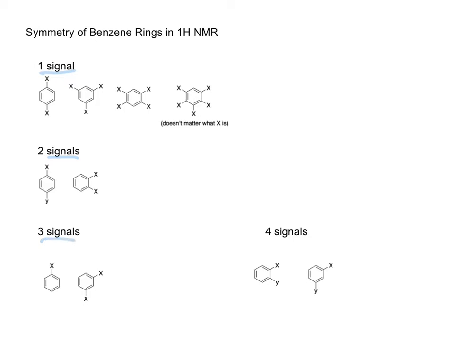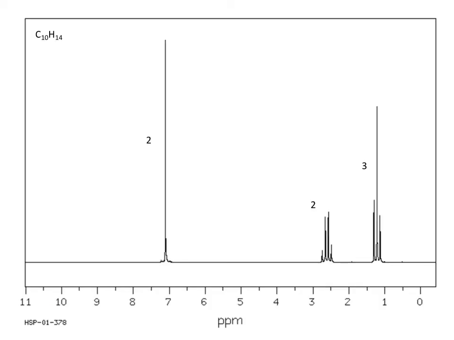We've got three signals, where we can divide a ring in half. Those are our three. And lastly, four signals is the least symmetry of them all, where we have an X and Y ortho to each other and an X and Y meta to each other. So this is another handy chart that you could print out and use while you're practicing NMR spectra. So let's get right to it.